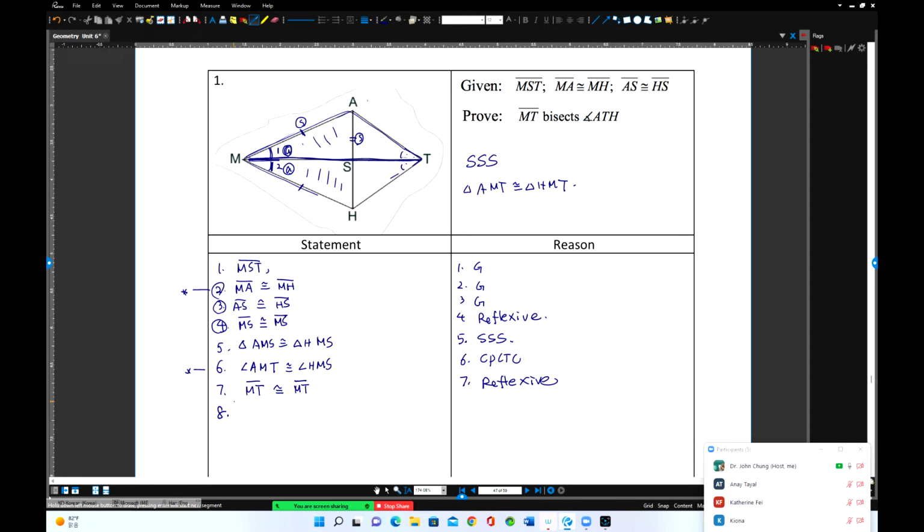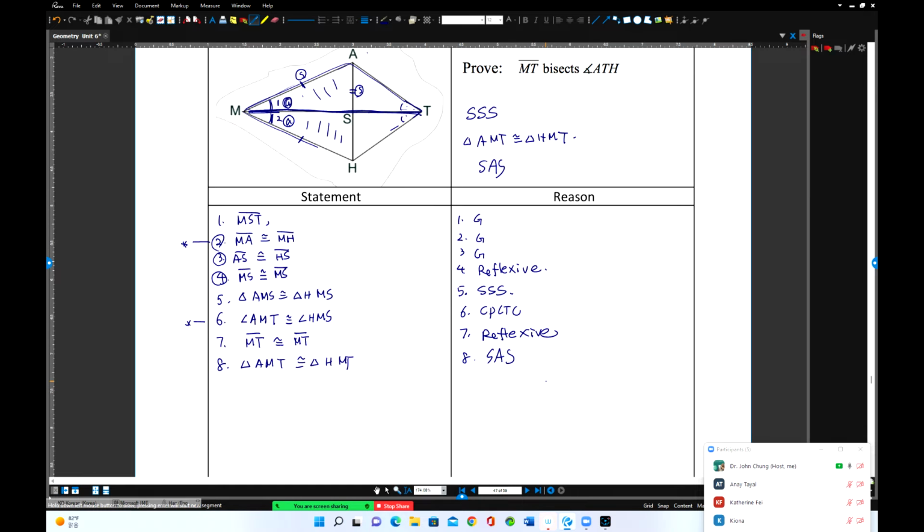Now you can say triangle AMT congruent triangle HMT, right? What is that? Side, angle, side. The next one is side, angle, side. We have to go side, angle, side. It's okay? So you can say now triangle AMT. Oops, we did already. I'm sorry, this is angle, okay?